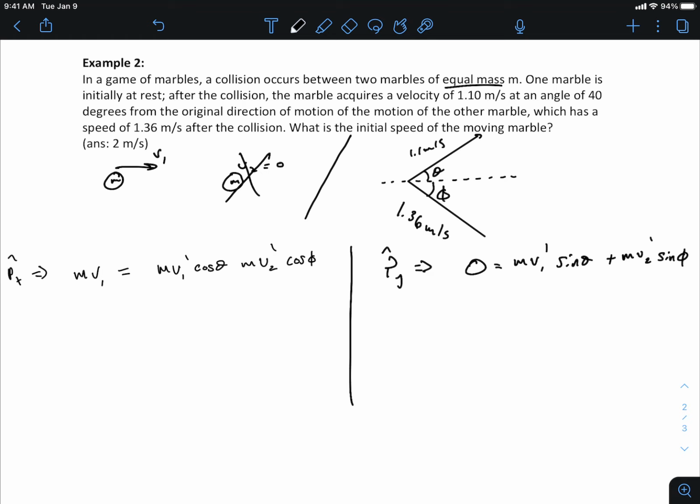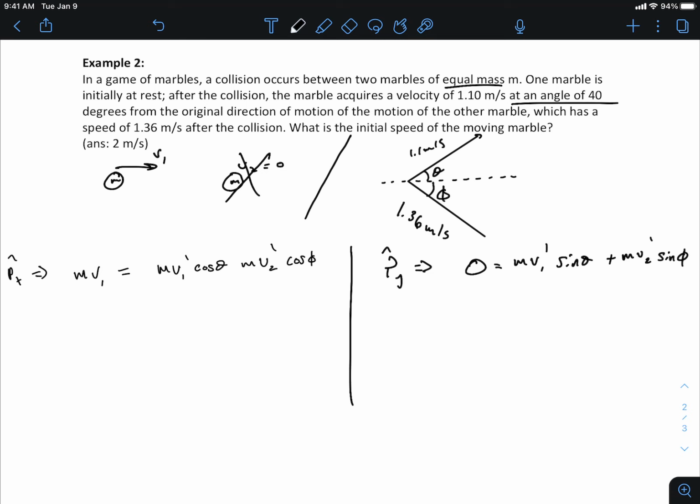So we could start plugging in information. I think I may have at an angle of 40 degrees. I just want to make sure I have this all set up right before we go further. I'm not 100% sure that we have two angles here, just based on the wording.